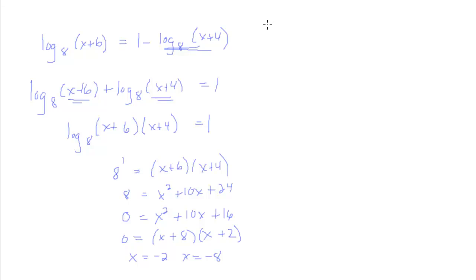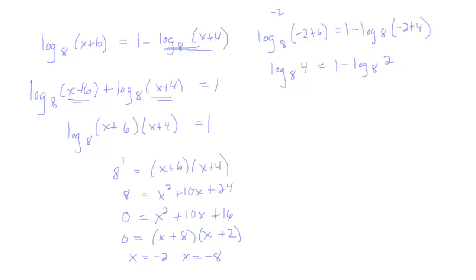So let's at least walk through one of the checks, and I may leave the other one for you to do. So let's do the negative 2. So this would be log base 8 of negative 2 plus 6 is equal to 1 minus log base 8 of negative 2 plus 4. So this is log base 8 of 4 is equal to 1 minus log base 8 of 2.